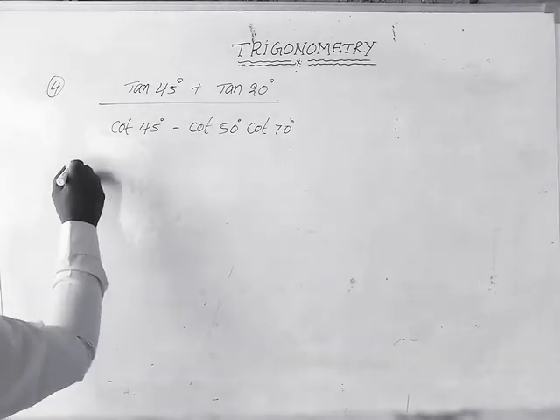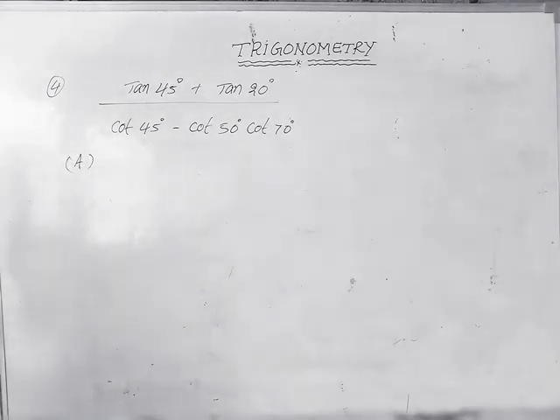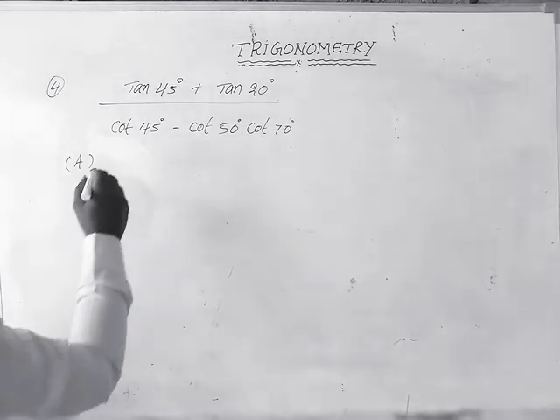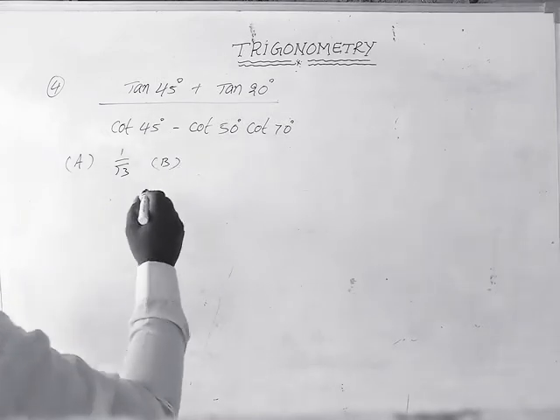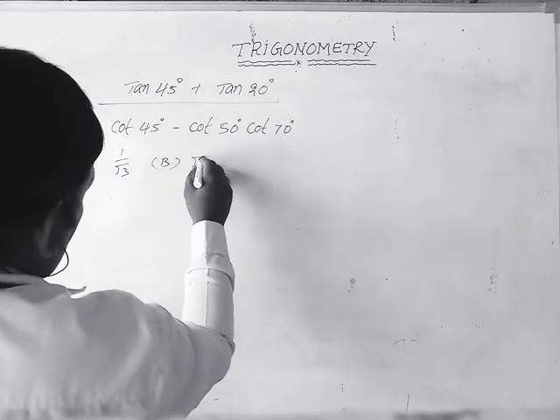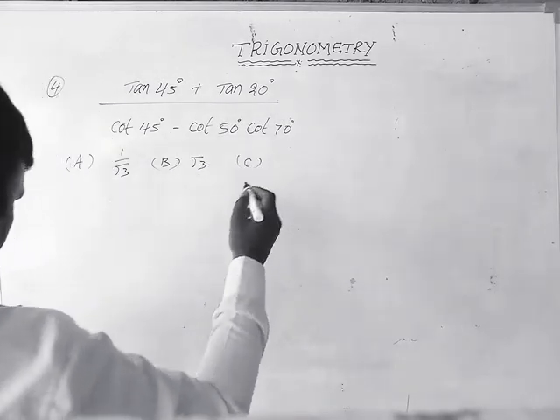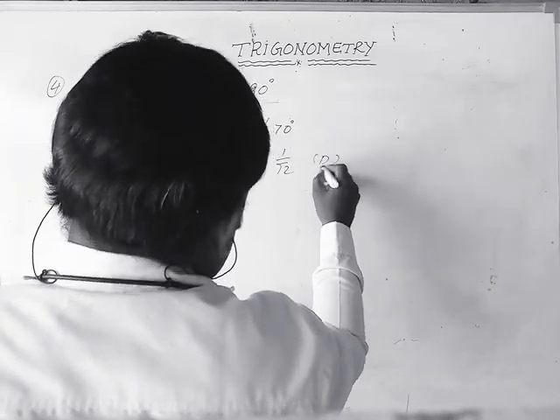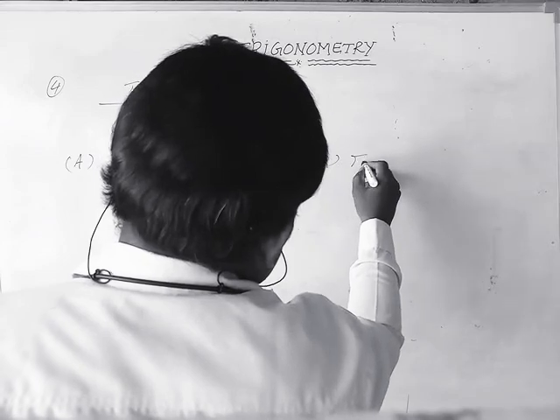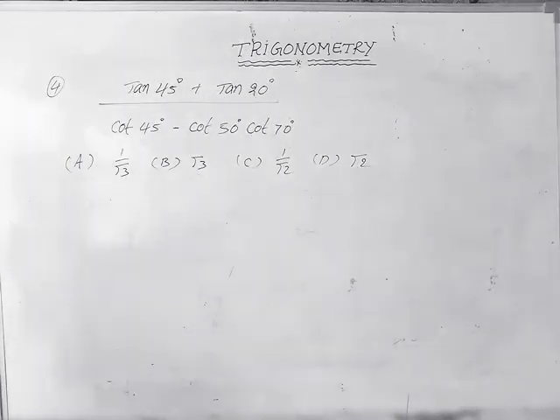So there are options: A is 1 by root 3, B is root 3, C is 1 by root 2, and D. This is the problem.